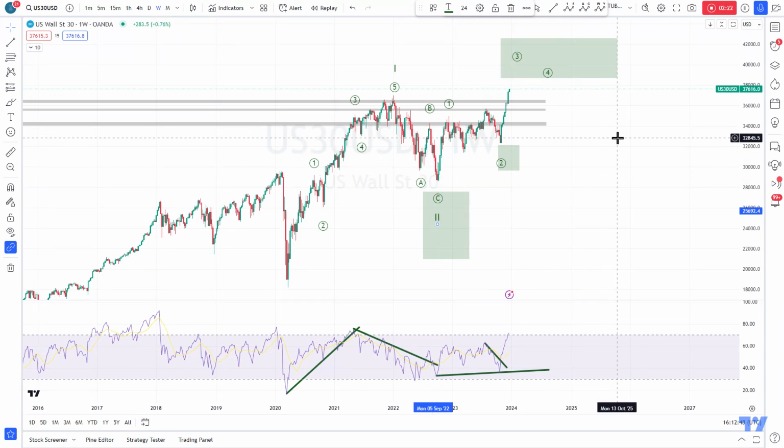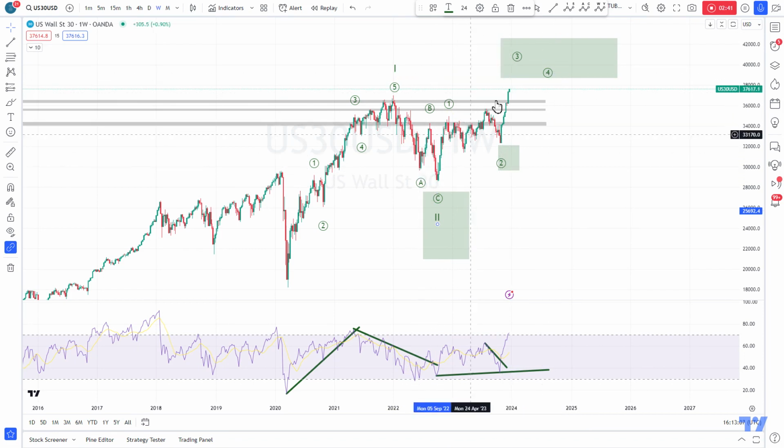However, for the moment, it's not really worth spending a lot of energy on this scenario, simply because we have a bullish sequence. Current price level is over here. The wave 2 low was here, so there is quite some separation, I would say.